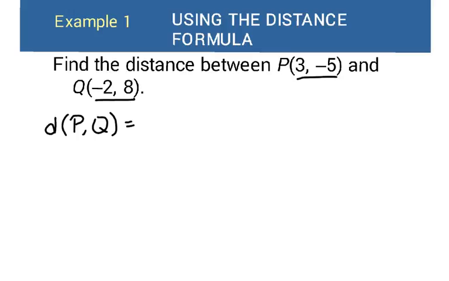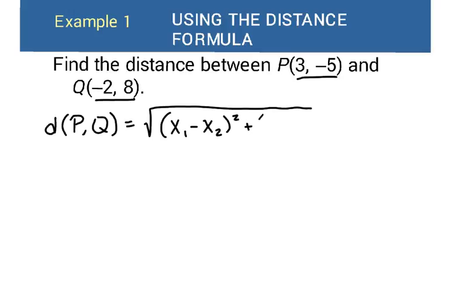That is just the fancy way we denote the distance between P and Q. And remember, it is the square root of (x1 minus x2) squared plus (y1 minus y2) squared. I'm going to fix that. All right, so using this, I'm going to say this is my x1, y1. This is my x2, y2, and plug away.